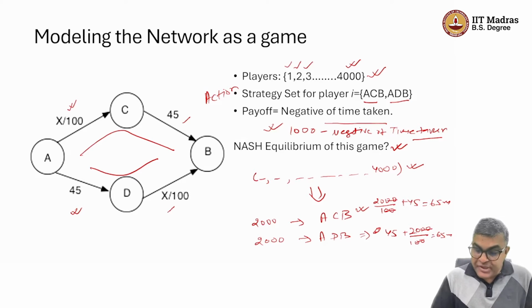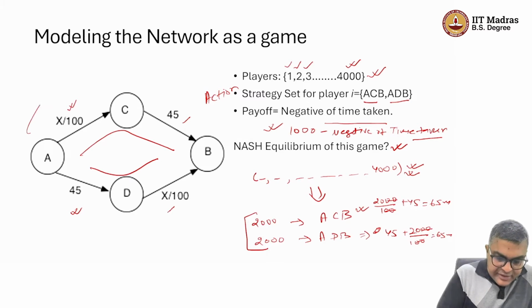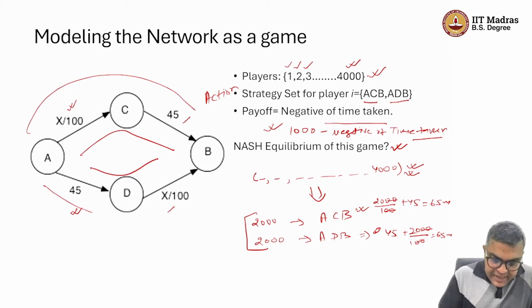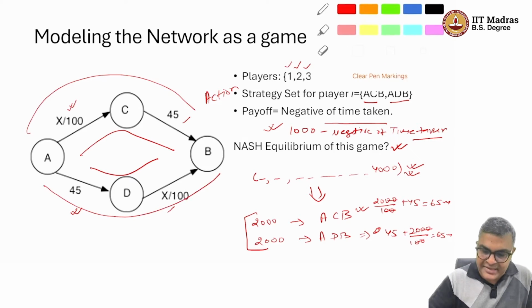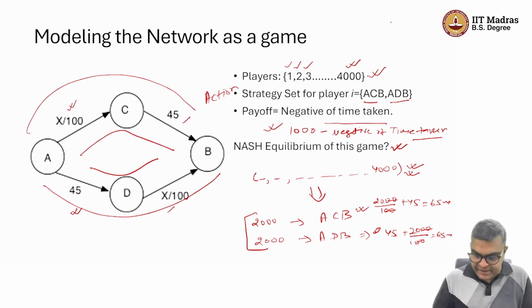Again, there could be several different action profiles that would satisfy this criterion. I am saying all those action profiles in which 2000 of them are taking this path and 2000 of them are taking the other path would be a Nash equilibrium. So there are many Nash equilibria.